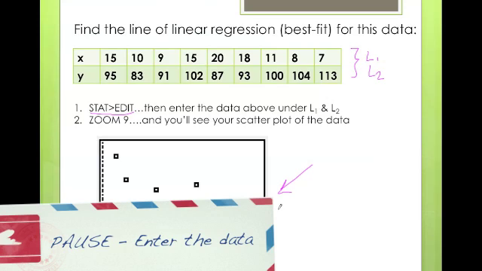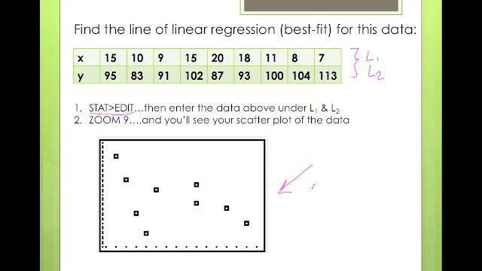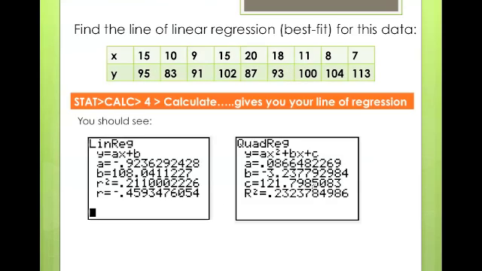So pause the video, enter all the data, and make sure your graph looks like that. Okay, then once you've got your graph looking right, go to Stat Calc 4, and when you hit 4, you'll see that the linear regression, all of these numbers will pop up.